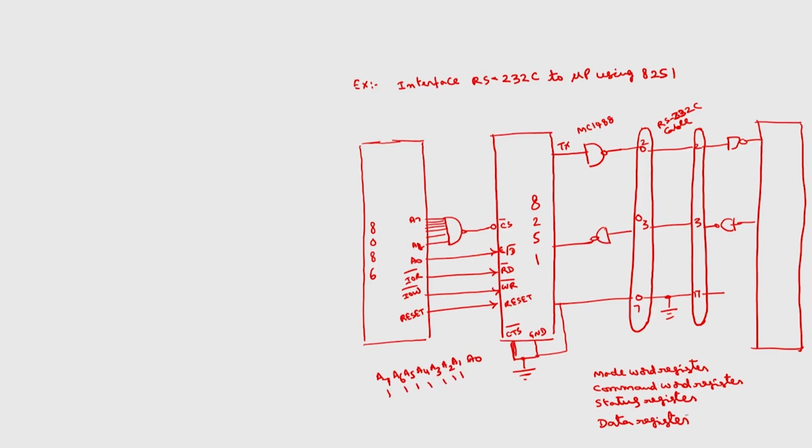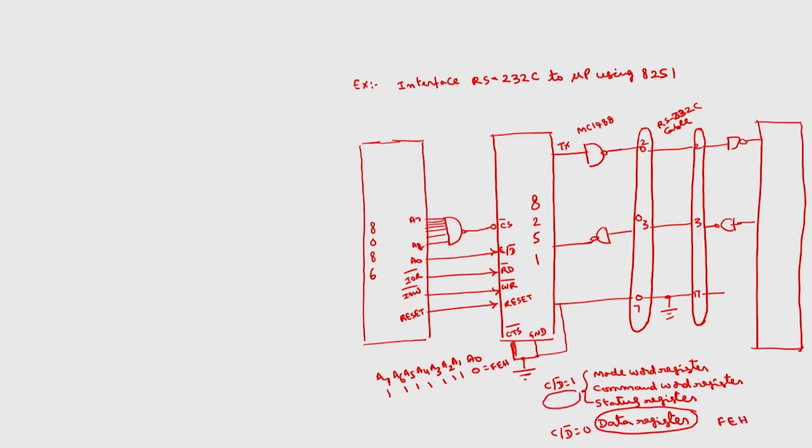In order to select the data register, C by D bar should be 0. To select any of the other registers, C by D bar is equal to 1. If it is 0, the data register address will be FEH.